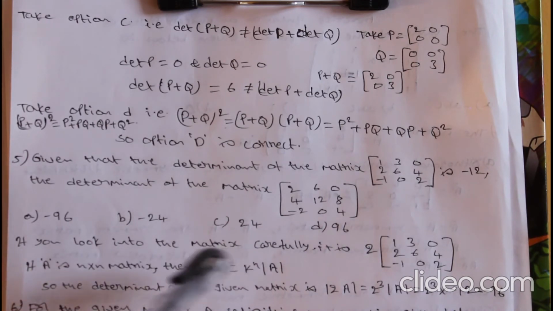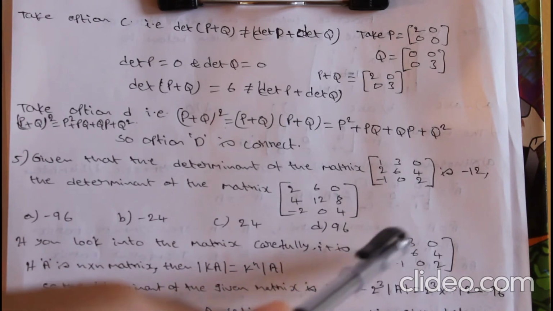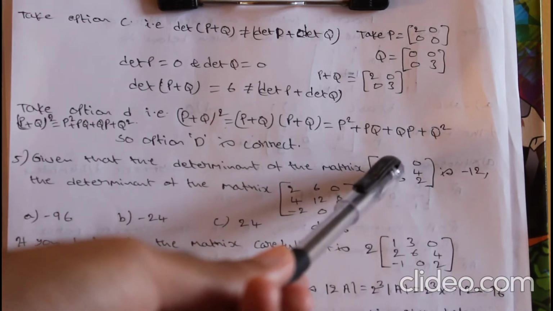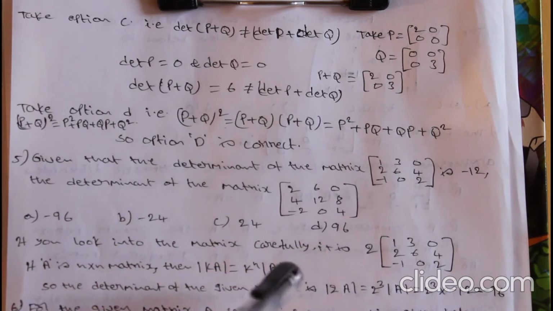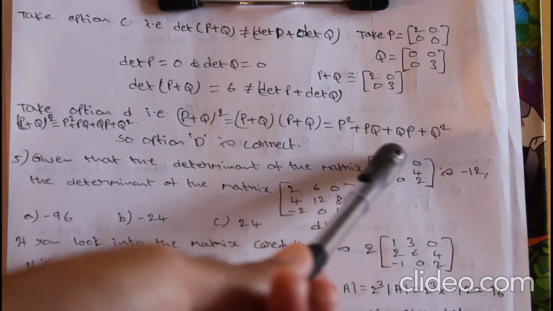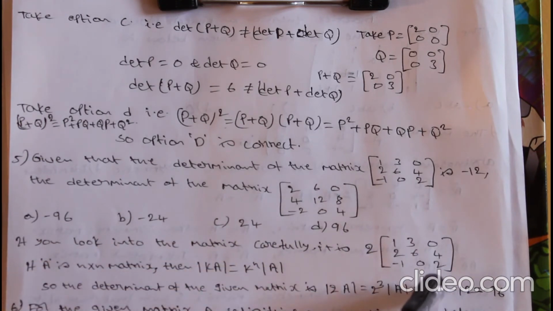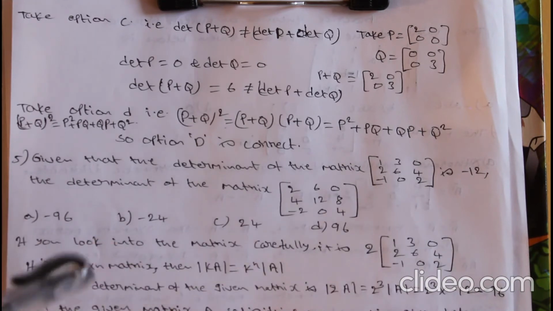So here the matrix is 2 into the matrix, so 2 power 3, because it is a 3 by 3 matrix, so 2 power 3 into determinant of A. The determinant of A is nothing but minus 12. So 2 cube, that is 8, into minus 12, is equal to minus 96.